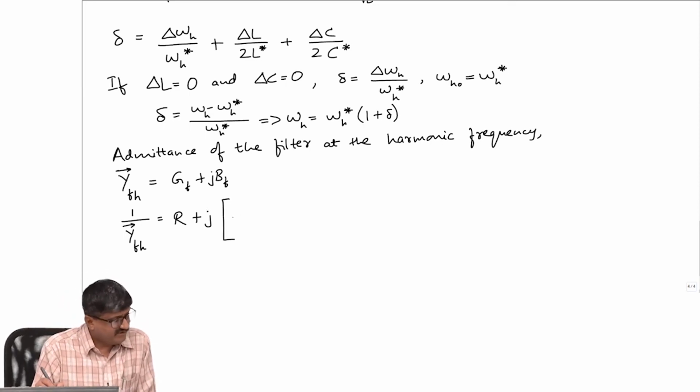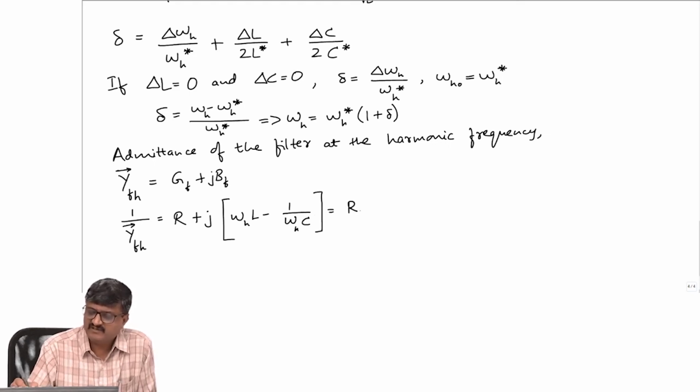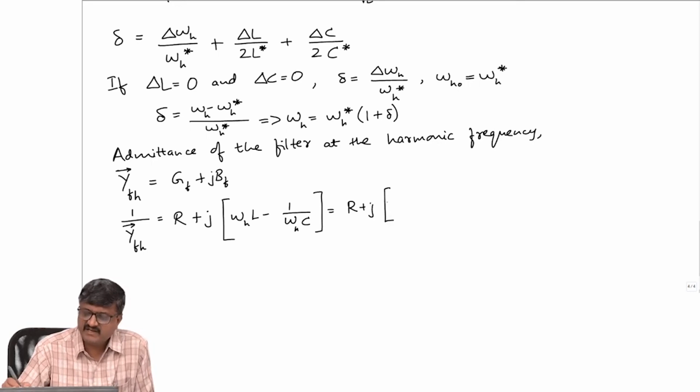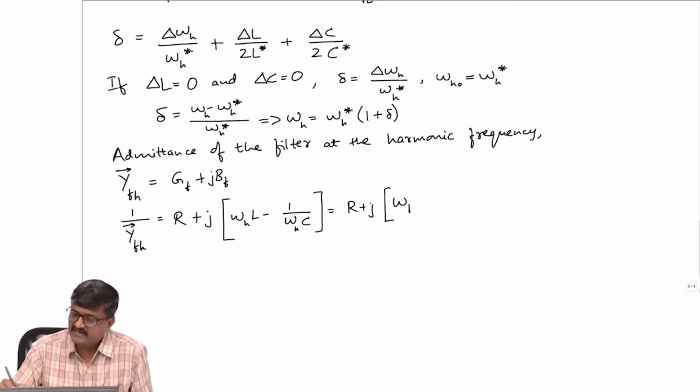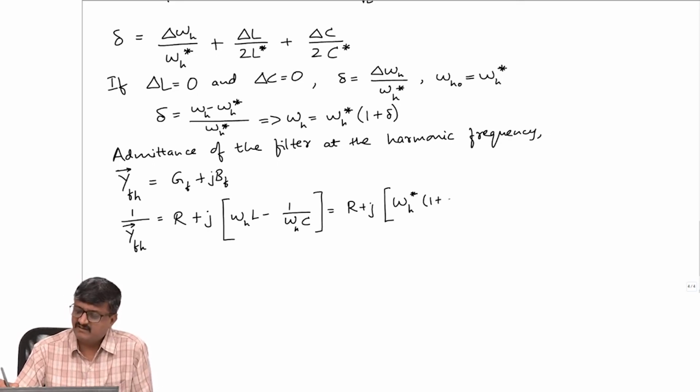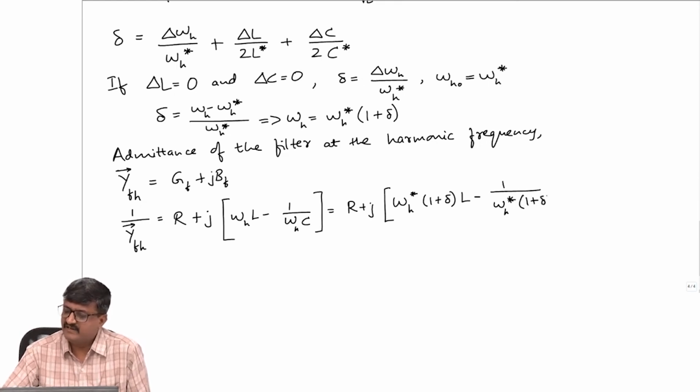Omega H L minus 1 by omega H C. So, this can be written as R plus J. Omega H, just now I got an expression for omega H. It is omega H star into 1 plus delta into L minus 1 by omega H star into 1 plus delta into C.